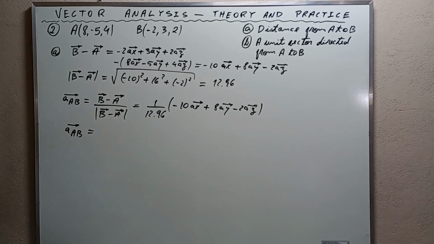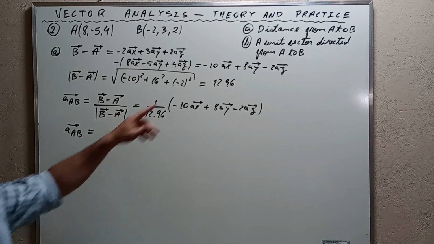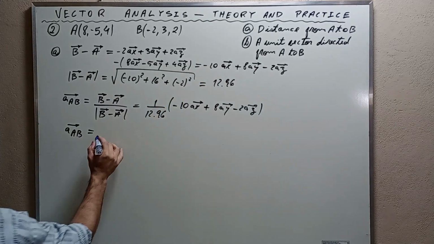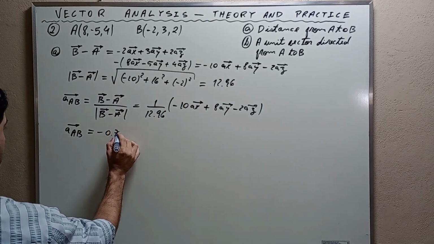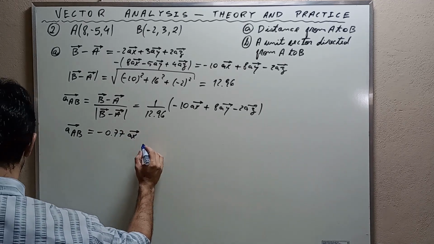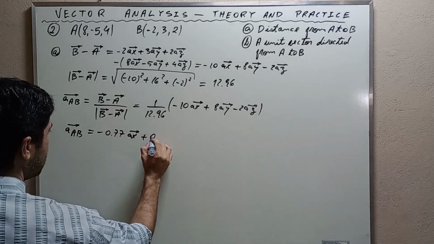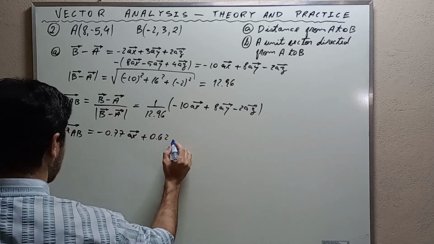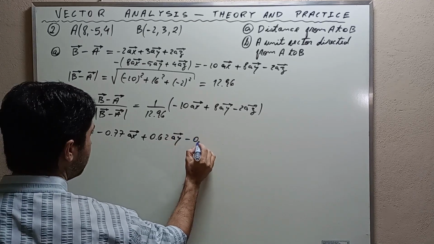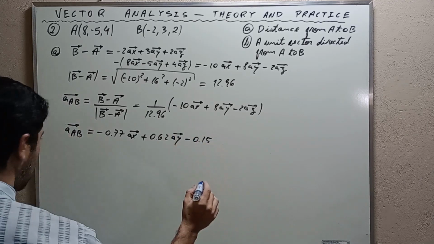the unit vector in the direction of this vector here is plus 0.62 ay minus 0.15 az.